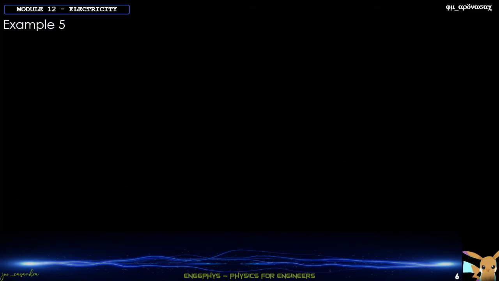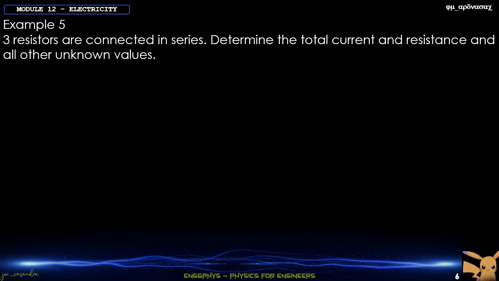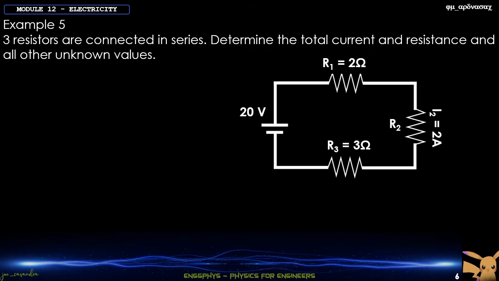So next, example number 5. We have 3 resistors connected in series. Determine the total current and the resistance and all other unknown values. So we are given here our circuit. So R1, R2 are all connected in series as they only have one common node for each connection.